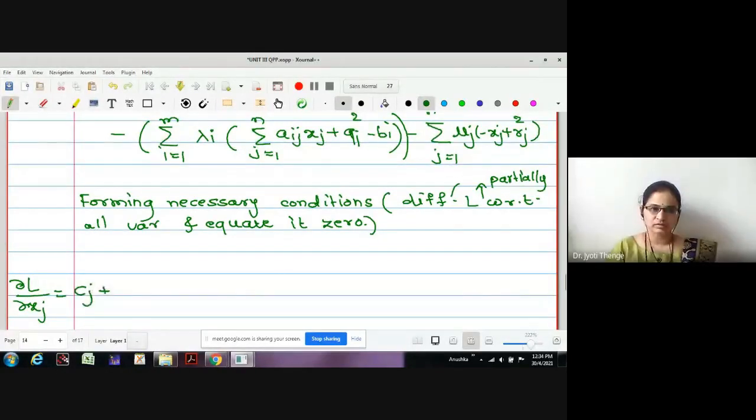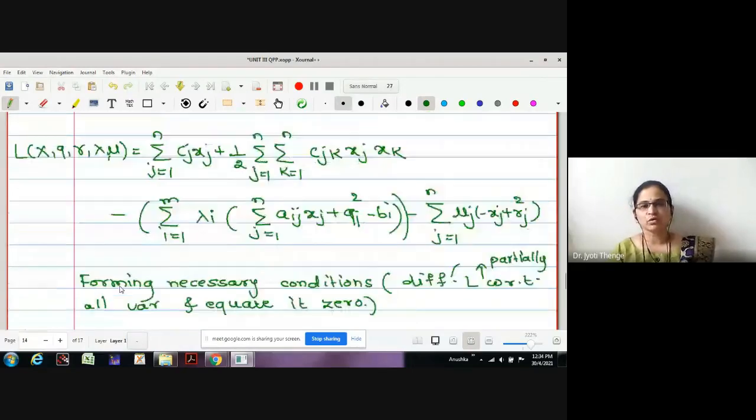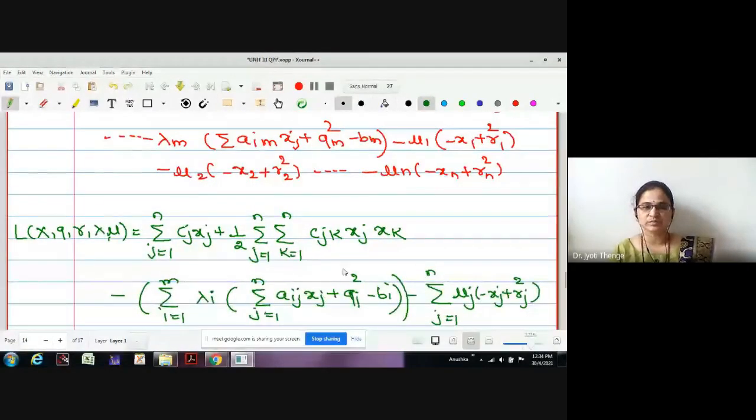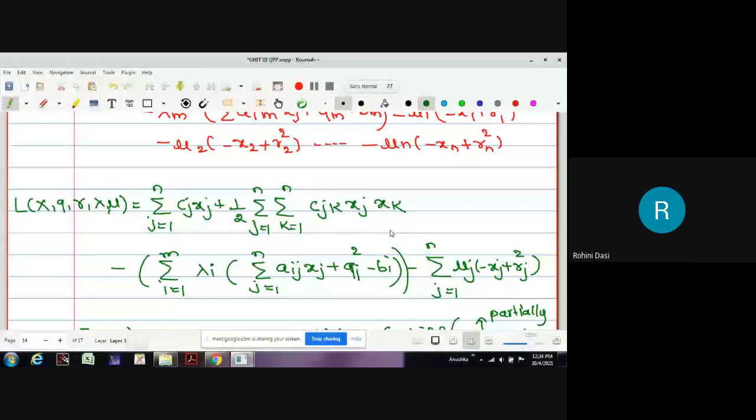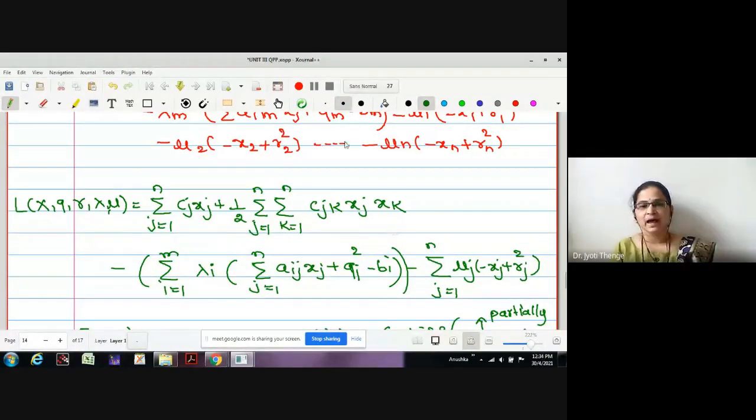Good. Okay. Now we are going to differentiate this double summation. Can anyone tell me what is the derivative of this double summation with respect to xj? Summation k from 1 to n cjk xk.